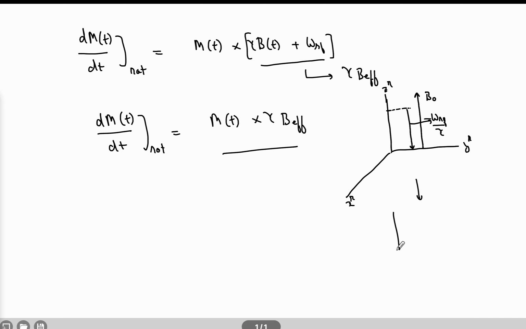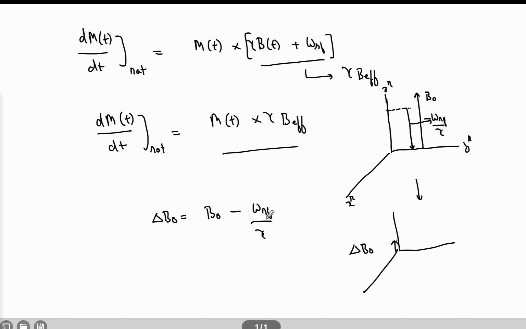So now what is left is delta B naught. So delta B naught is nothing but B naught minus omega RF by gamma.